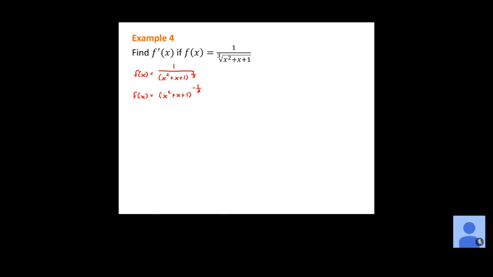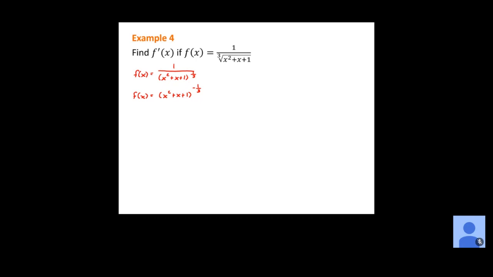Okay, so it's a power rule, but within that power rule, we're going to have to remember to do what? Okay, so it is going to be the negative 1/3 out front, right?